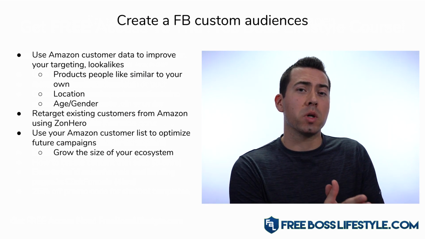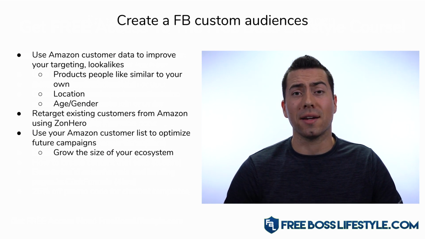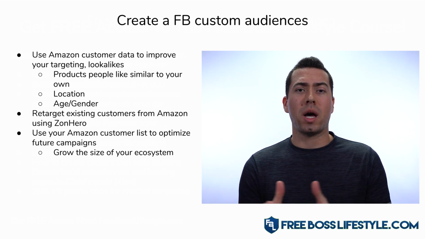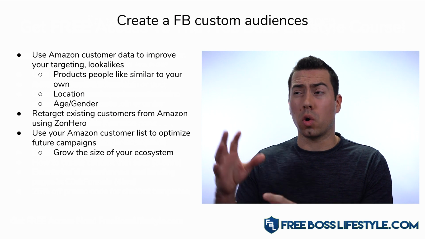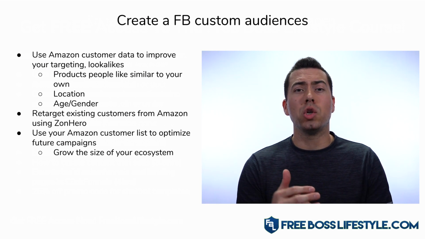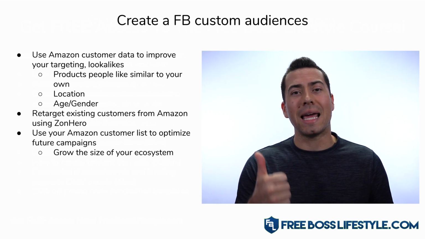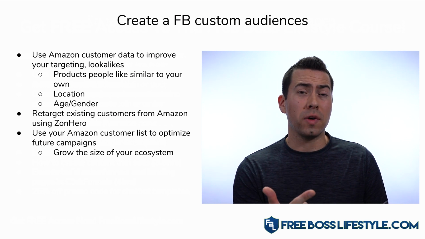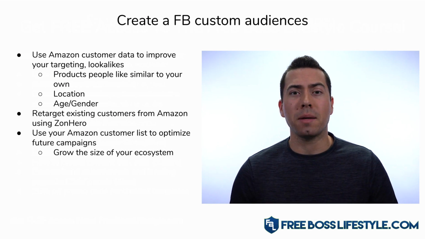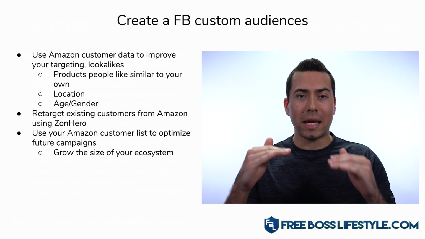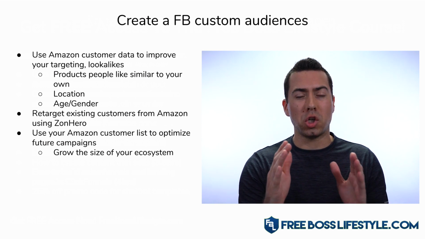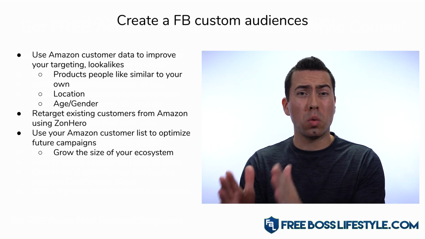That's going to pull in all of your Amazon customer data and push that into Facebook so that you can create those custom audiences inside Facebook. But as far as Facebook custom audiences, if you don't have Zon Hero or you don't have any Amazon customers, then you want to create custom audiences of people that engaged with your fan page, watched your videos, visited your blog style landing pages, and then you can create these custom audiences so that you narrow down on these super warm people, right?